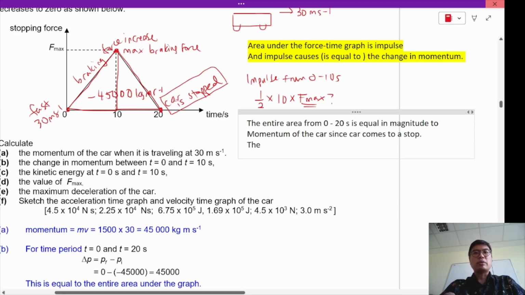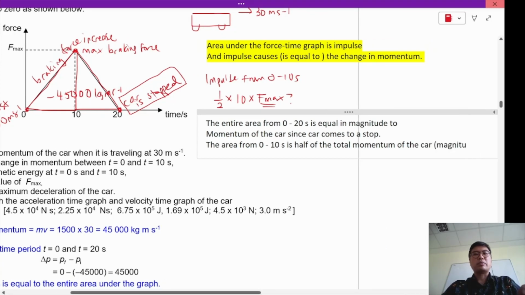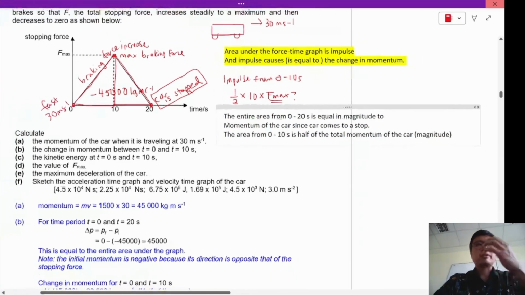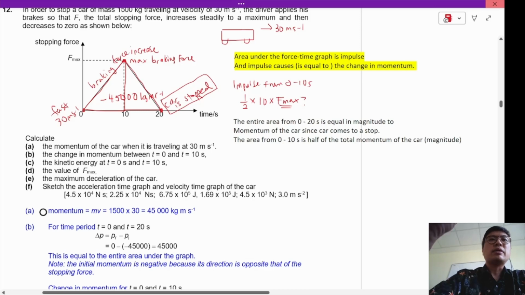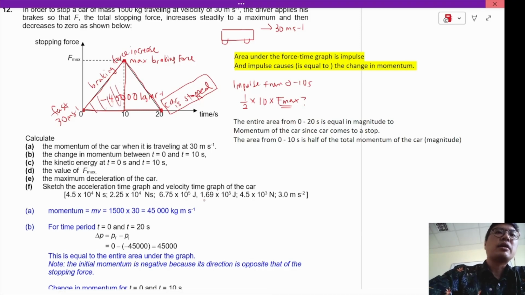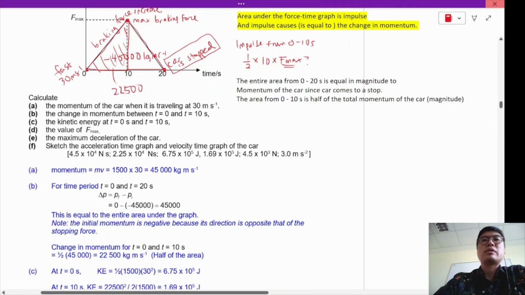So therefore, the area from 0 to 10 seconds is half of the total momentum in magnitude. Of course, it has to be negative in sign. So the area on the left half will be 22.5 thousand kilogram meters per second.